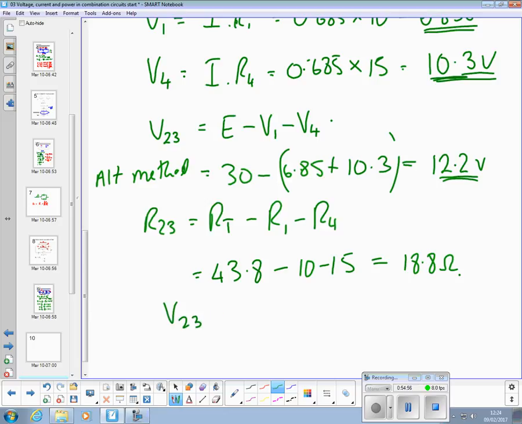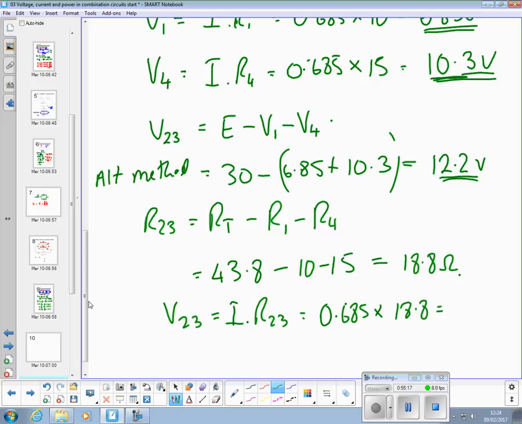V23 is equal to I times R23. That is 0.685 times 18.8 equals, yeah?